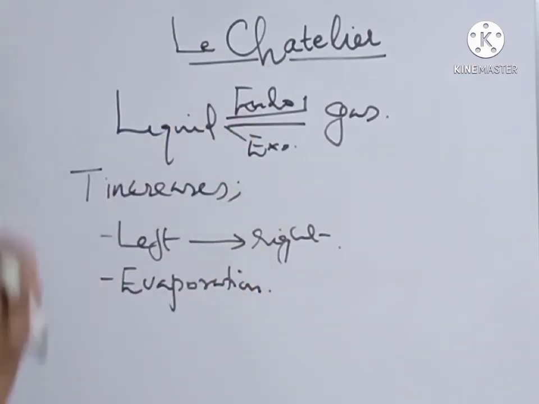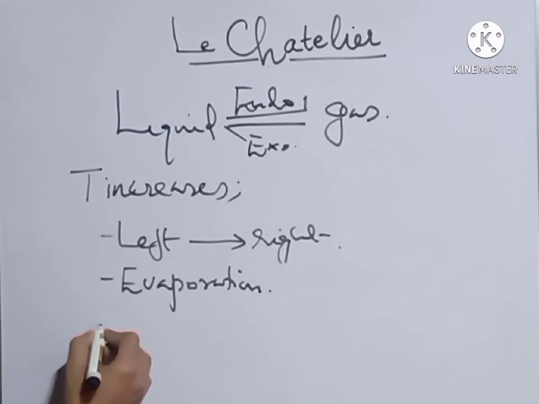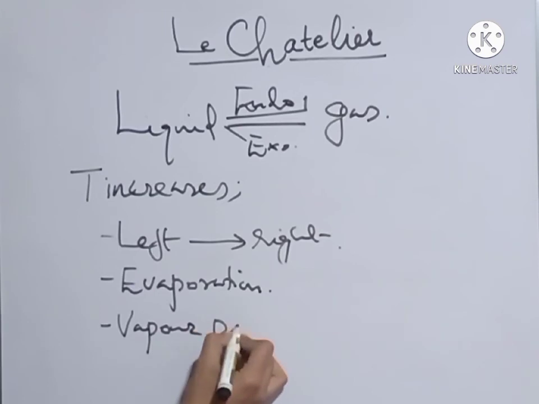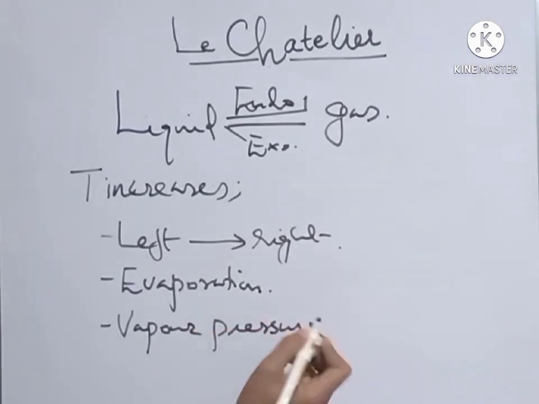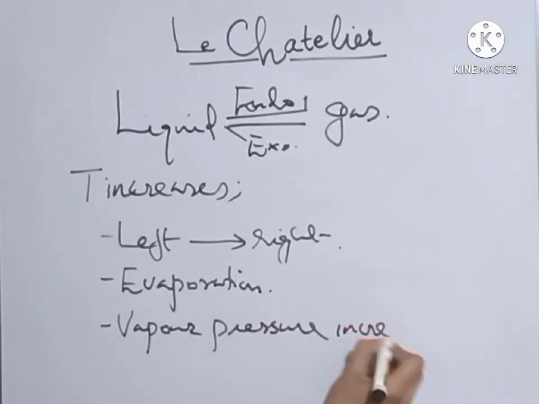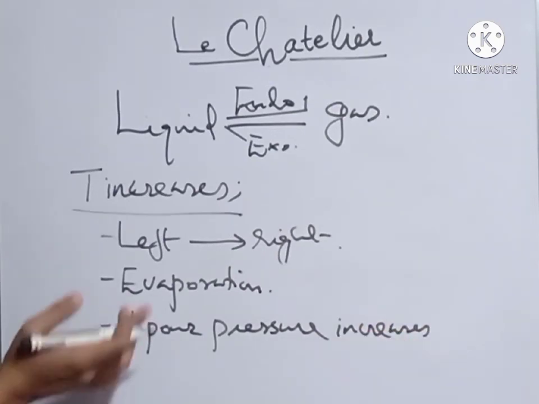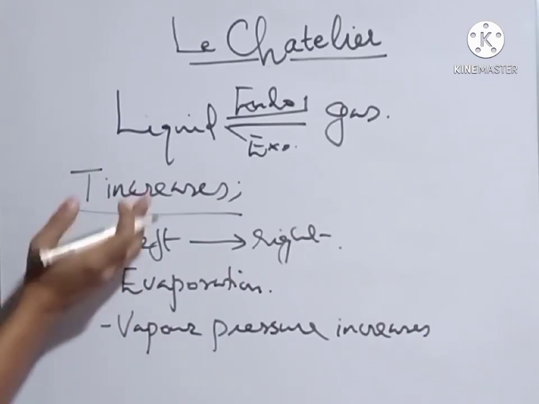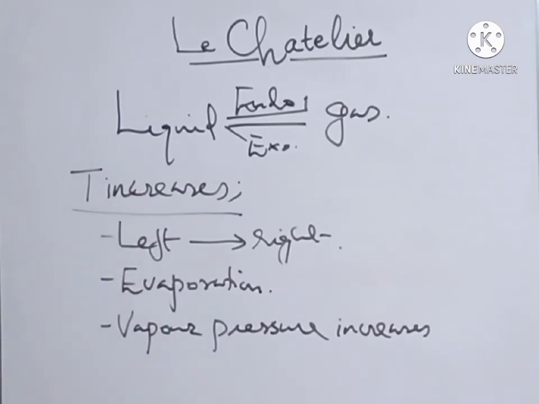Along with the increasing number of gaseous molecules, vapor pressure also increases. So the vapor pressure of the system increases. That is, the vapor pressure of the reaction mixture increases along with the increase in temperature.